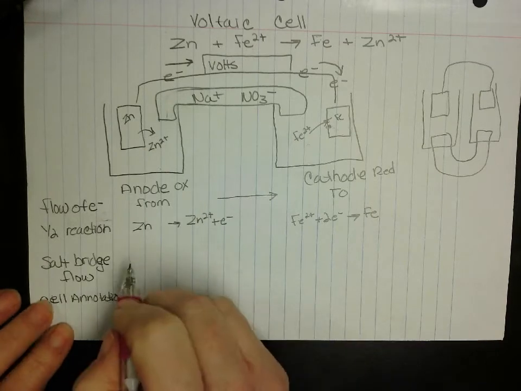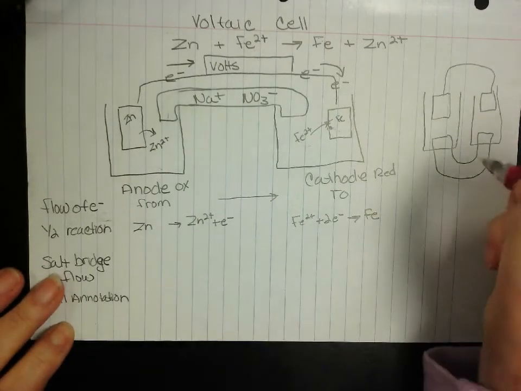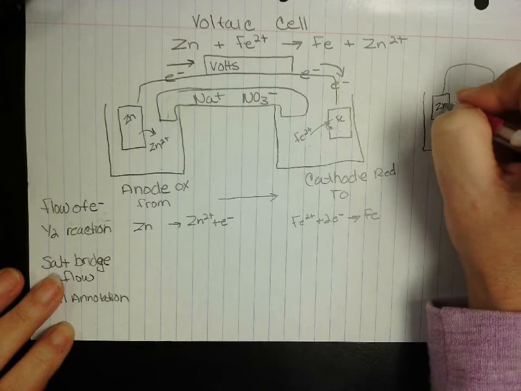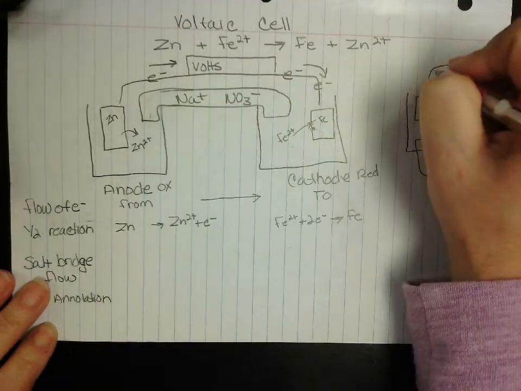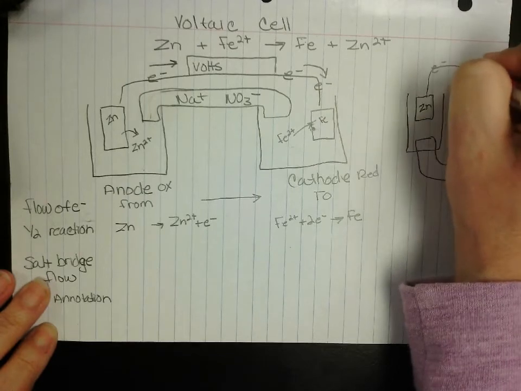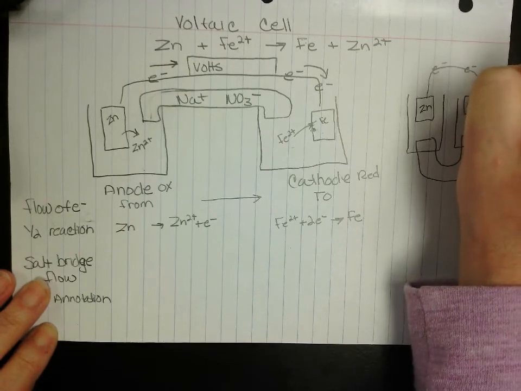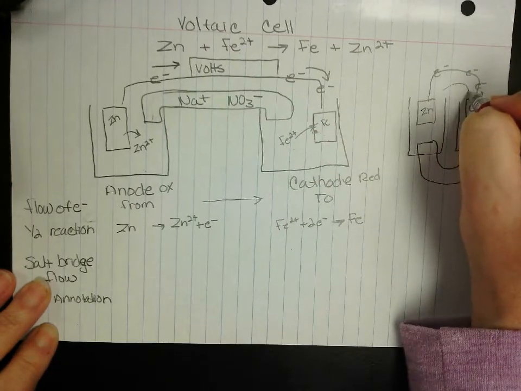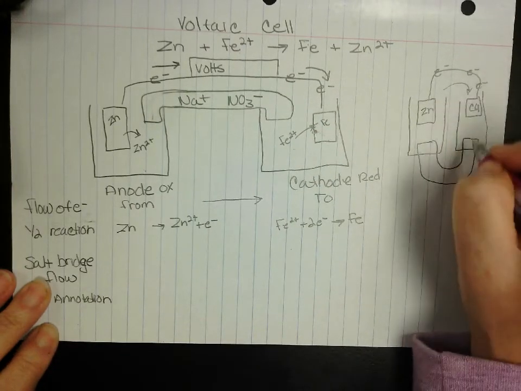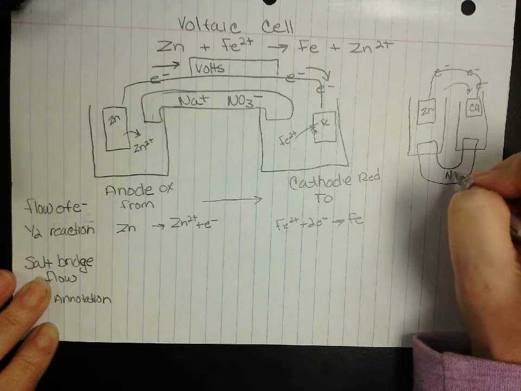Okay, now my salt bridge flow. I am going to put it upside down here so you can see how the salt bridge makes this lovely loop. We have negative ions there, and my salt is sodium nitrate. This goes here, which means my negatives keep flowing here.